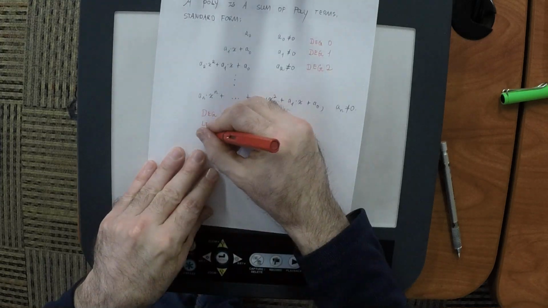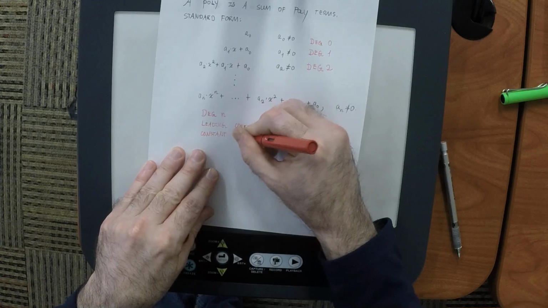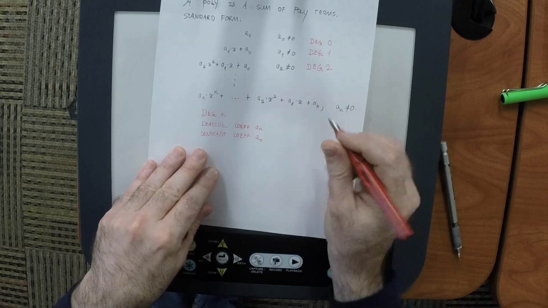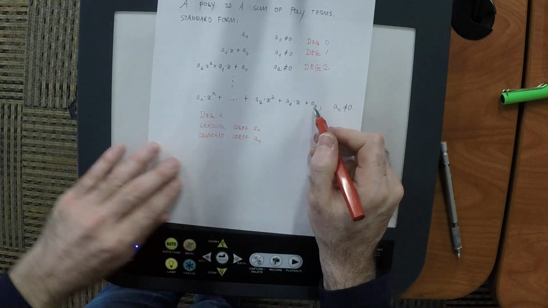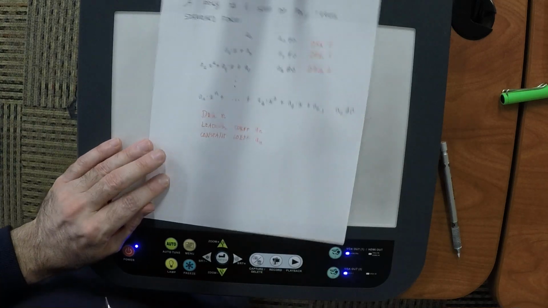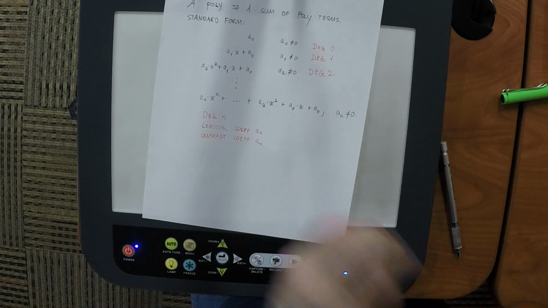And then we also have the constant coefficient, and that's a0. It's the only one that's constant, the thing that doesn't have any x's. So: leading coefficient, constant coefficient, and degree.